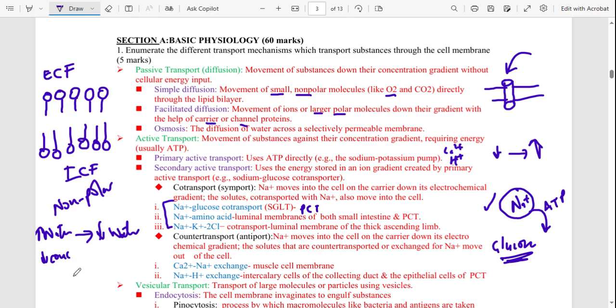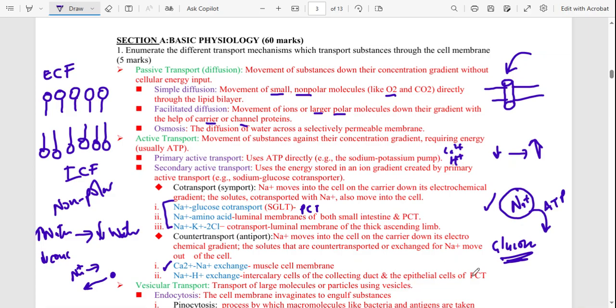Otherwise, let's say you are moving sodium in this direction, and then there's another molecule on this side which will be moving in the opposite direction, but you are using the energy of sodium. In that case, we call that a counter transport or an antiport. It's still a secondary active transport, and the examples that work by that mechanism are calcium sodium exchange in the muscles, and then the sodium hydrogen exchange in the intercalated cells.